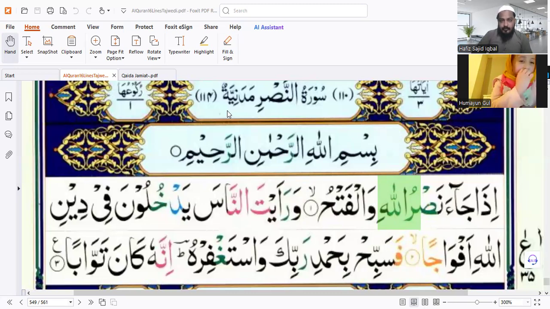If there is no Allah's name, after which thing? After the page letter.